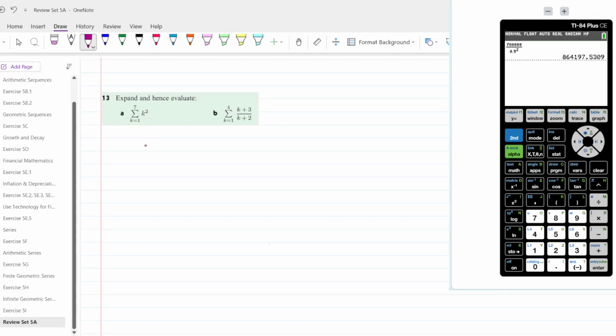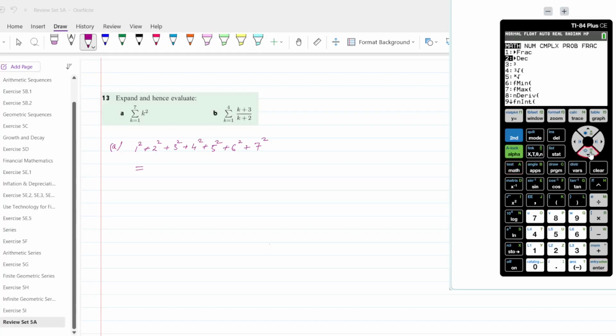Expand and hence evaluate. So if we expand this, this is going to be 1 square plus 2 square plus 3 square plus 4 square plus 5 square plus 6 square plus 7 square. And using the graphing calculator, we can calculate it.